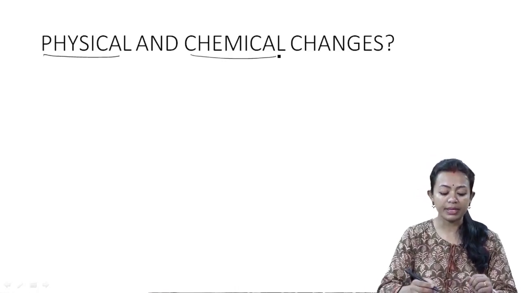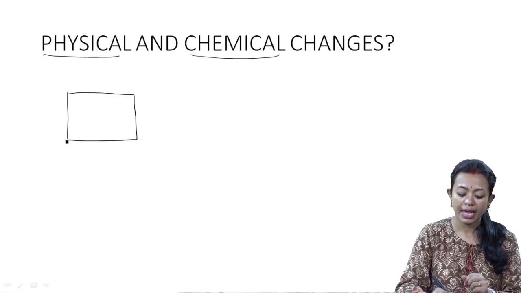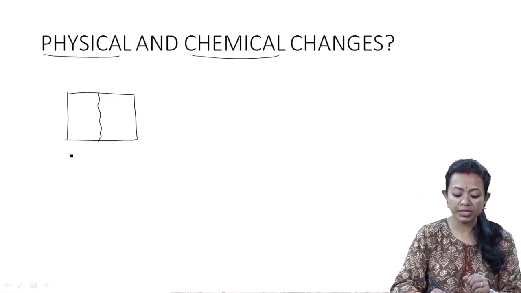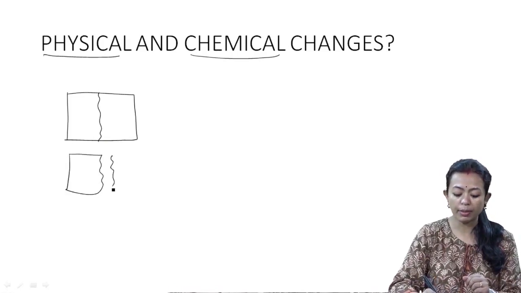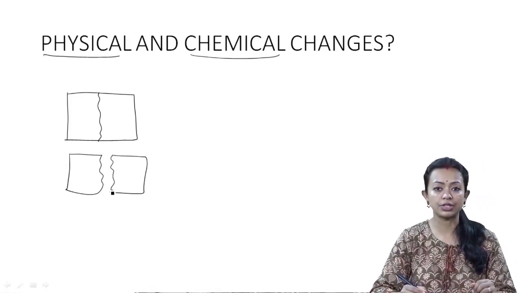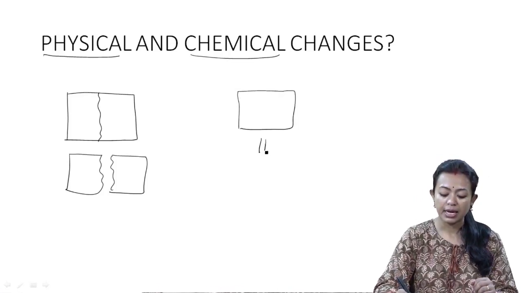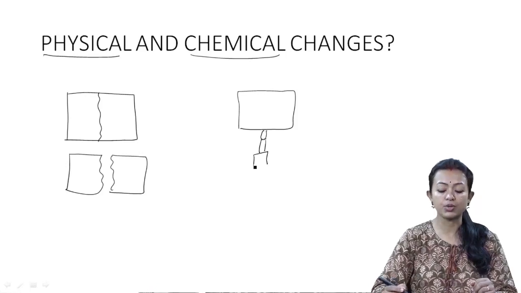For example, if I take a piece of paper and tear it into two pieces, I have two pieces of paper which have been torn up. Now this is a physical change. Whereas if I take the same piece of paper and burn it with a spirit lamp, what would happen?